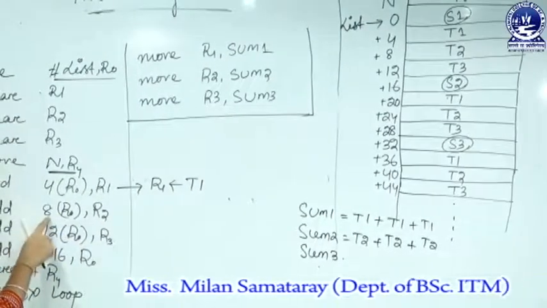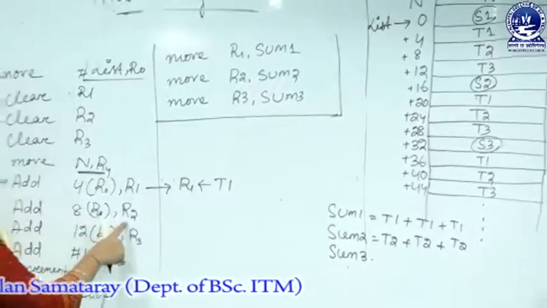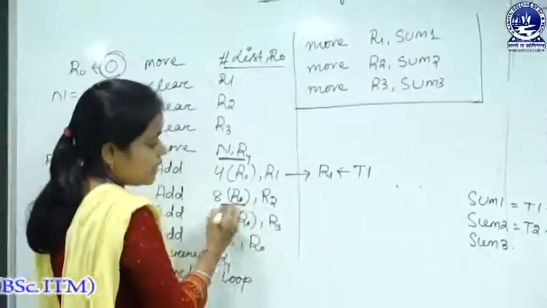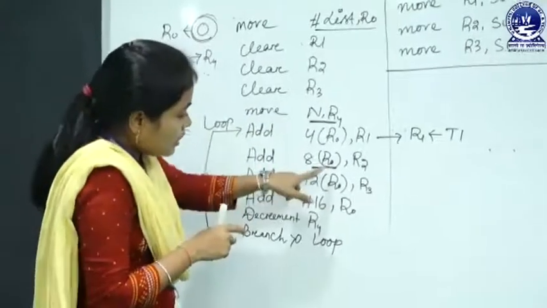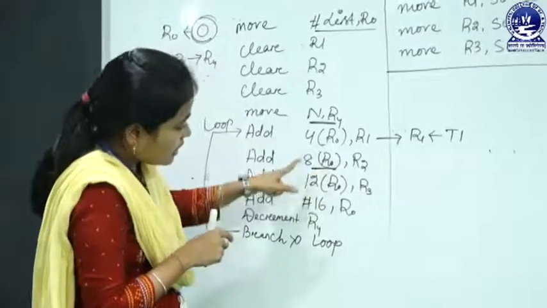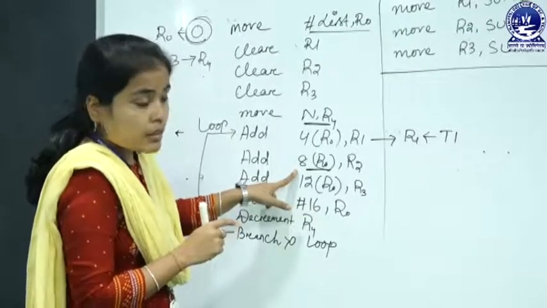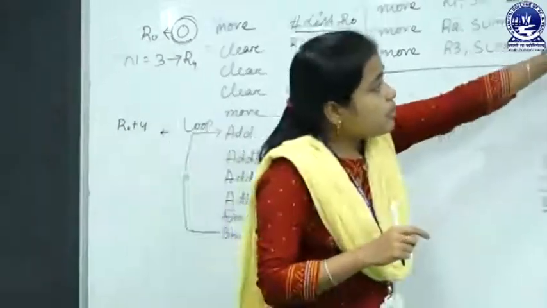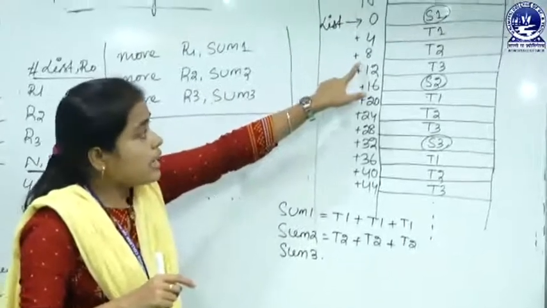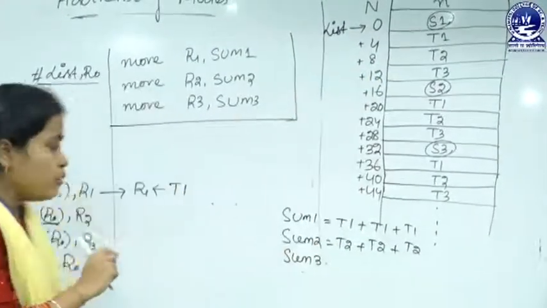Then 8 R0 R2. Here I am using the index addressing mode, and R0 content is added to the constant value 8 to get the new memory location. The new memory location points to this plus 8, that is our T2 value.